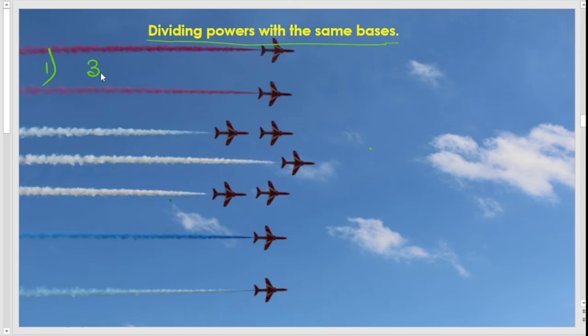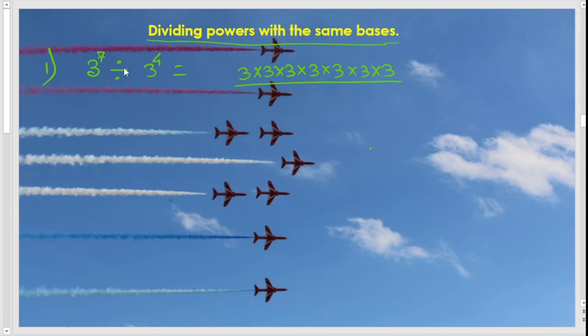That is, 3 to the power 7 divided by 3 to the power 4 is equal to, then we can write it like 3 into 3 into 3 into 3 into 3 into 3 into 3, 7 times.